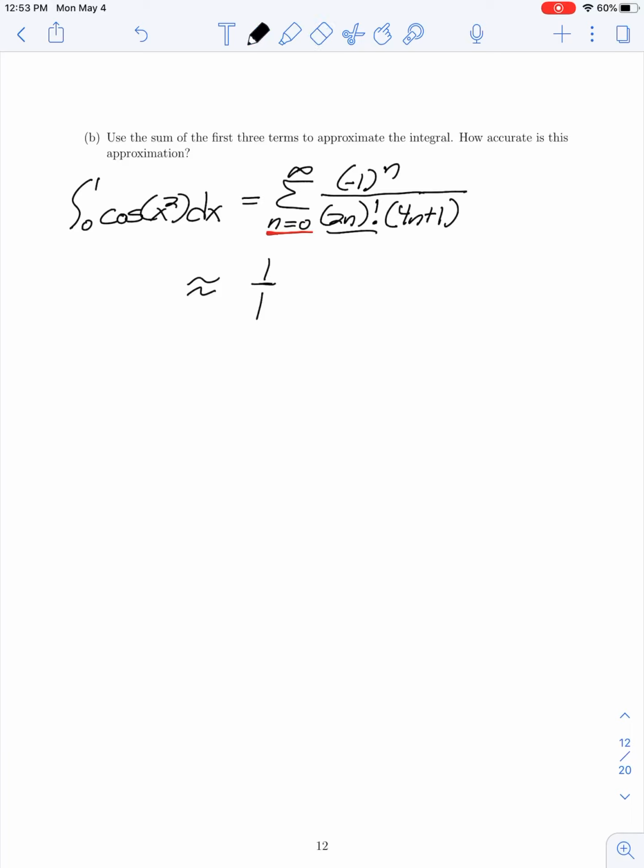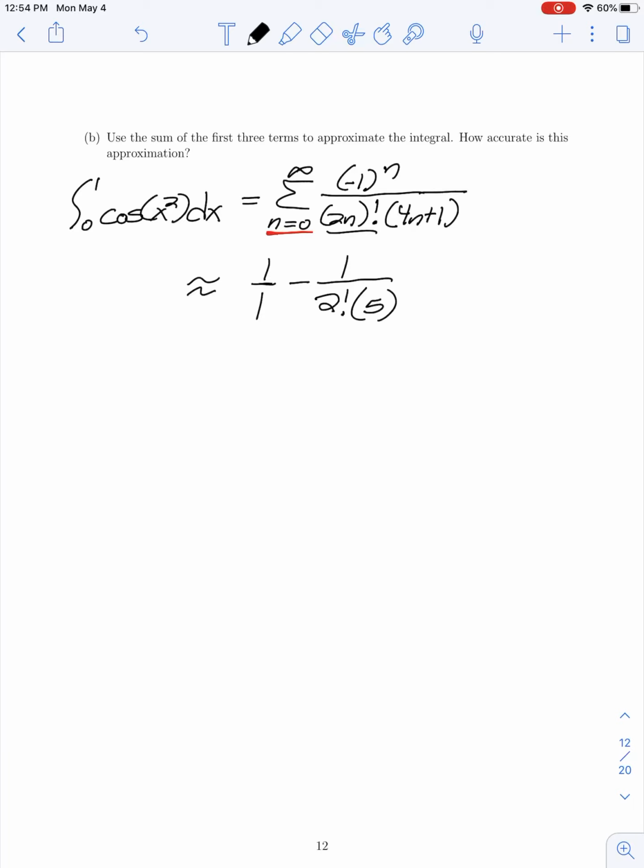Then we are adding our next term when n equals 1. Well, we have negative 1 to the first, so negative 1, divided by 2 factorial, which is 2, times 4 times 1 plus 1, which would be 5.